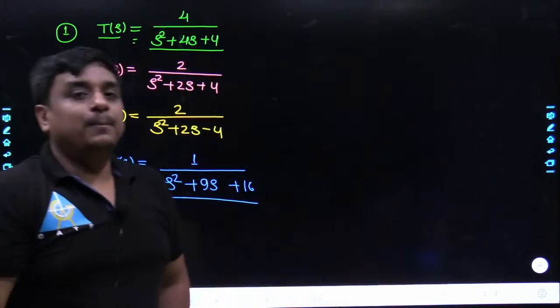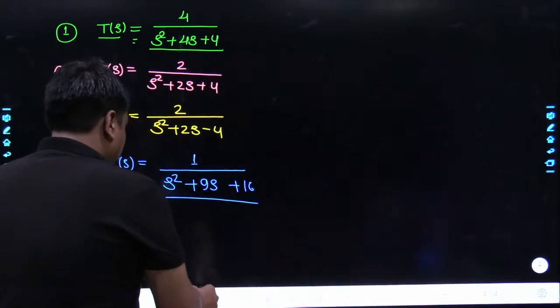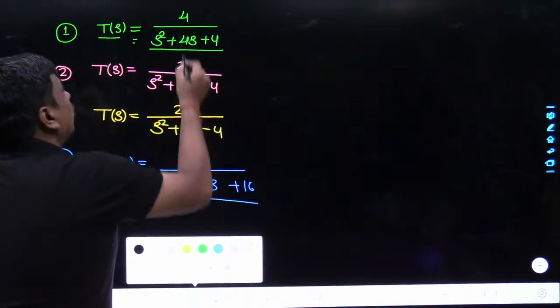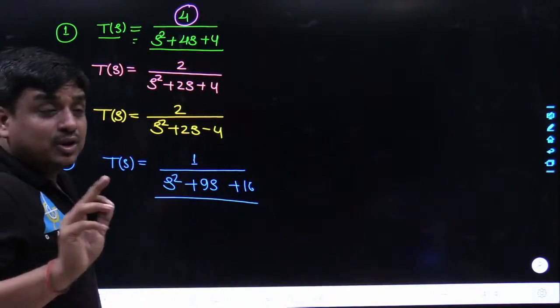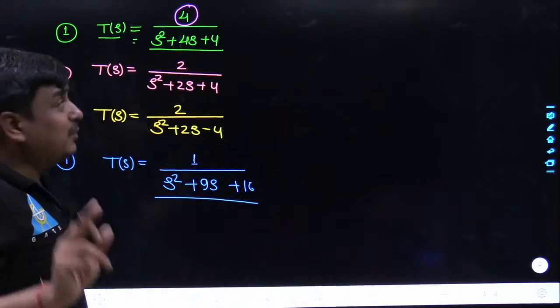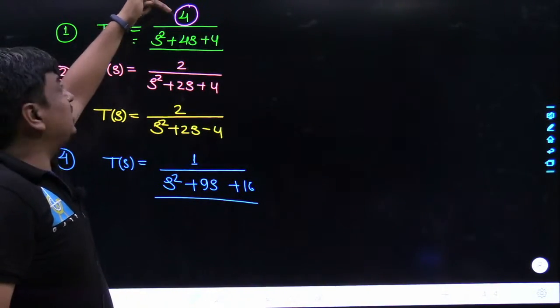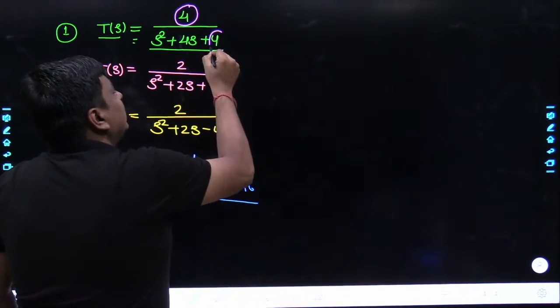Now I have seen many times what mistakes students make. They assume the numerator is omega n square. No, my dear friend, the numerator is not omega n square itself, it is k times omega n square. So nobody should take the square root of the numerator to get the value of omega n. Omega n should always be calculated from this term.